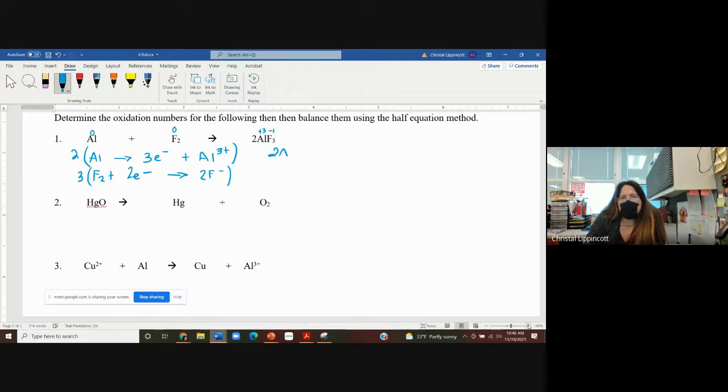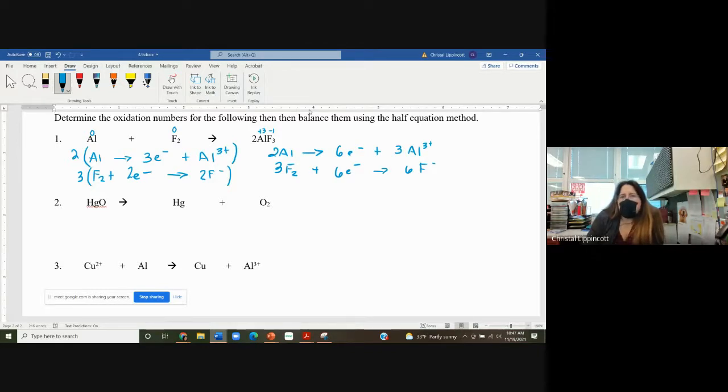So 2Al yields 6 electrons plus 3Al3 plus. And then here we've got 3F2 plus 6 electrons is going to yield 6F minus.